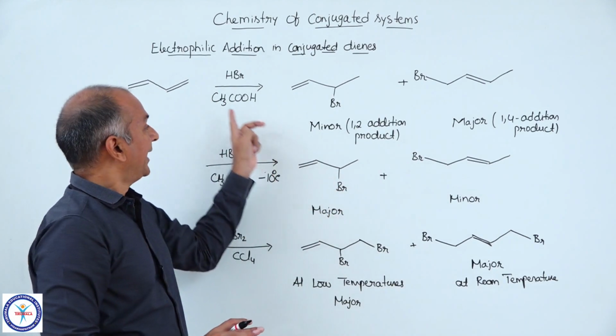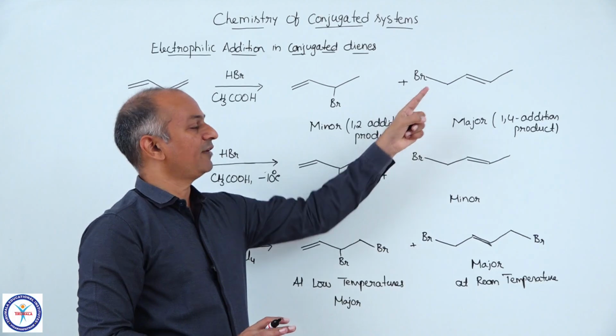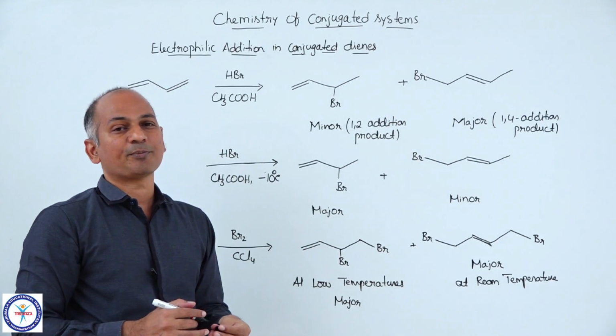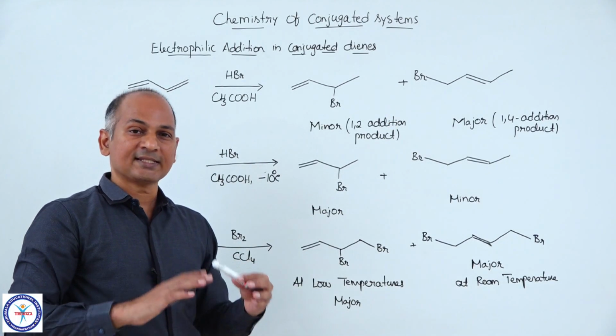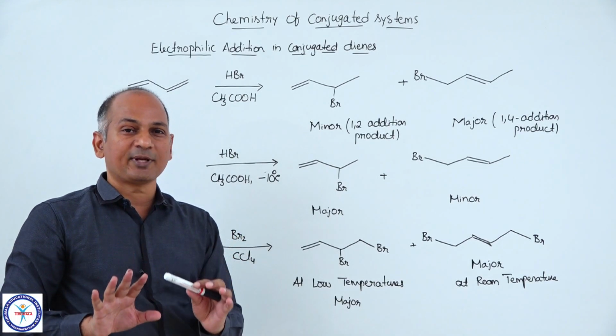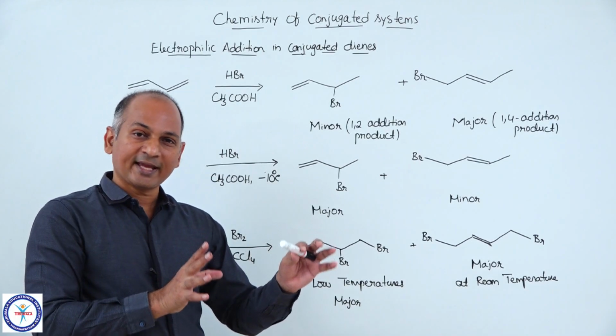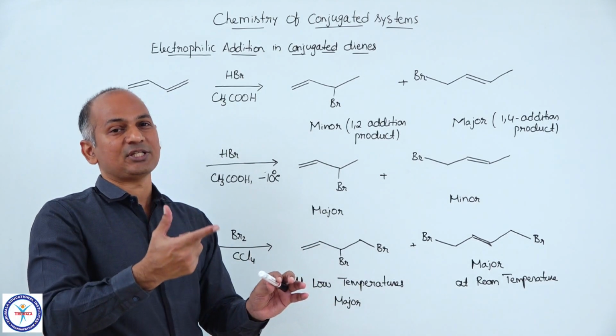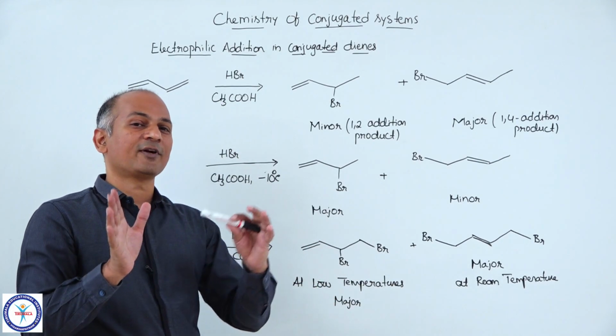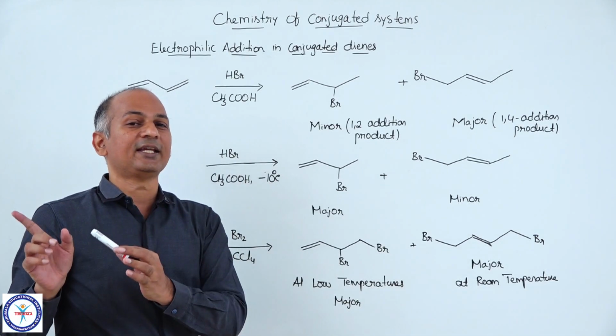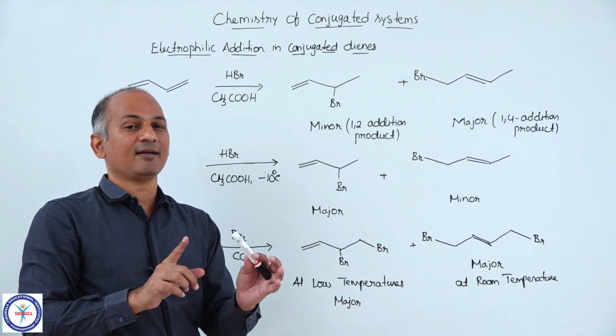That means if you directly maintain the temperature at 25 degrees Celsius, the 1,4 addition product will be the major. Or else you first do the experiment at sub-zero temperature, let the reaction get over, then increase the temperature. Again, whatever product mixture you get at 25 degrees Celsius, you will get that back.